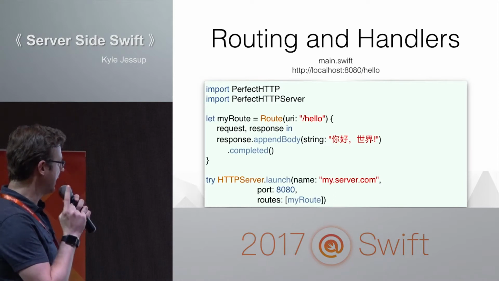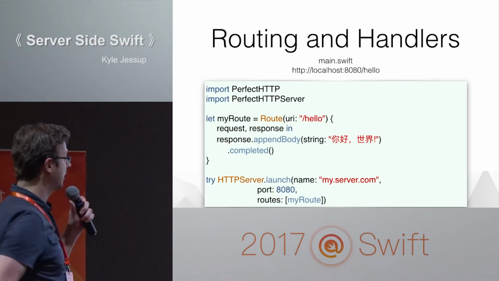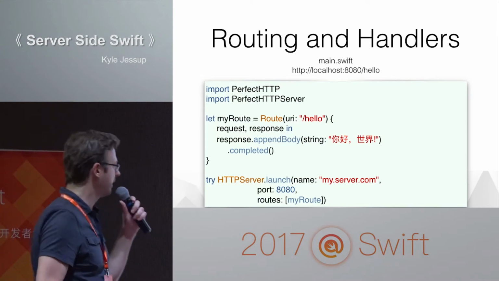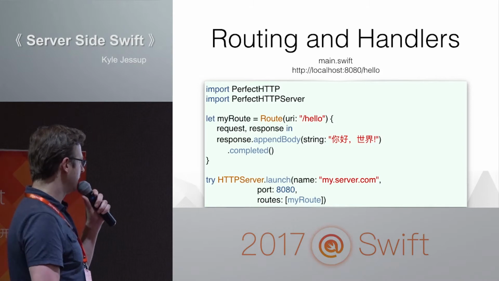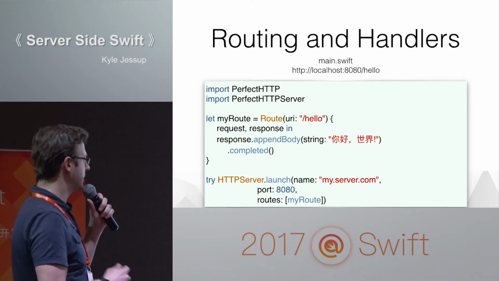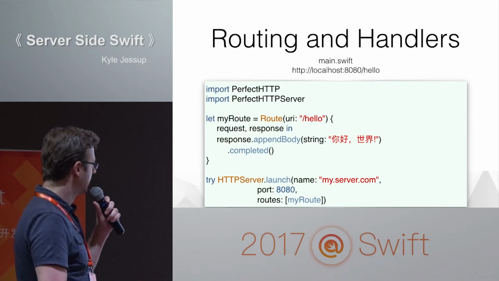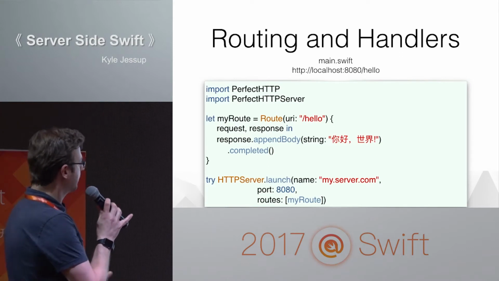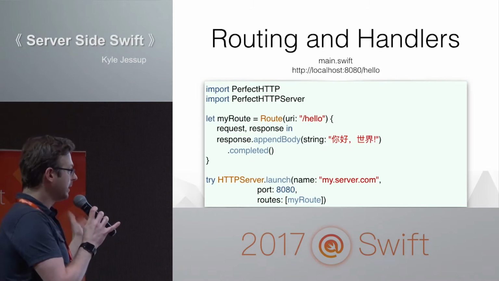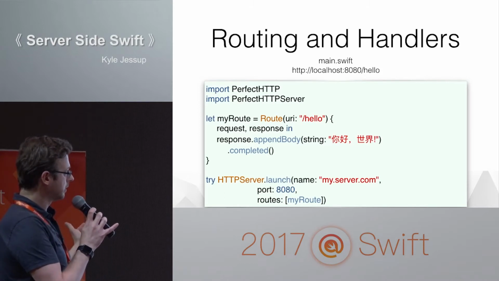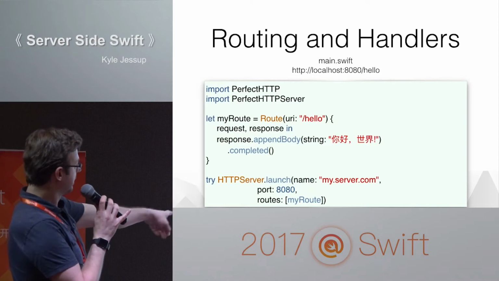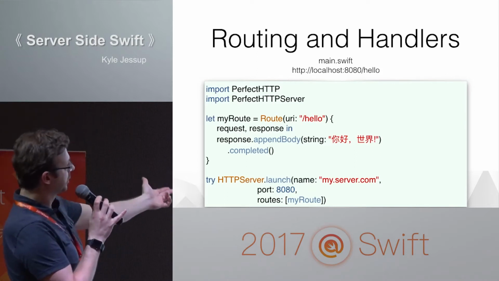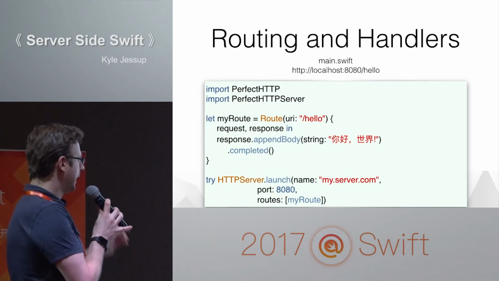I mentioned the HTTP methods before. You see that's not in here. This route is going to trigger for any HTTP method at all. So you can either be very specific or generic in how you want to handle these things. I also mentioned how we have an asynchronous core, and you might notice in this particular code, the closure after the route is accepting a request and a response.